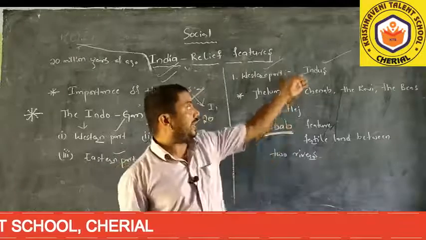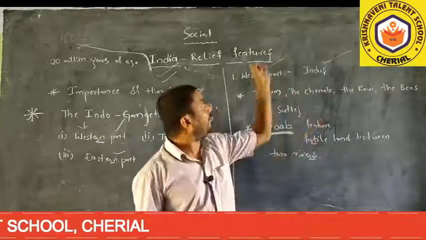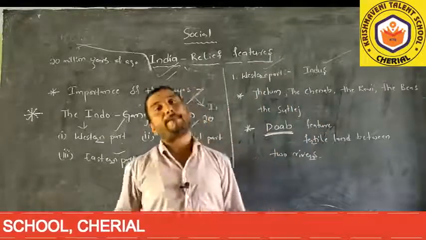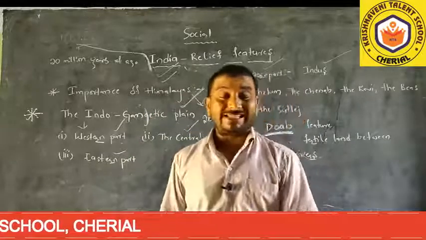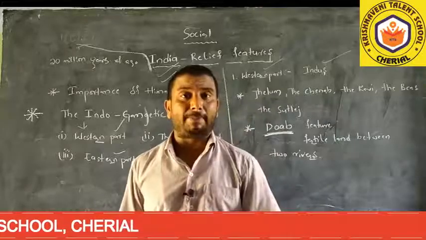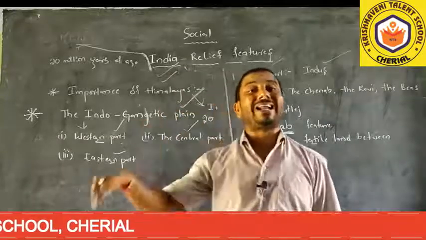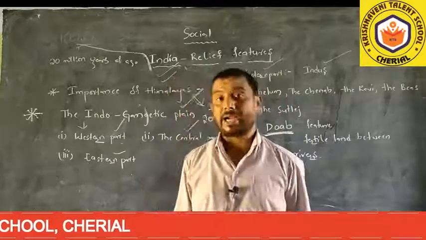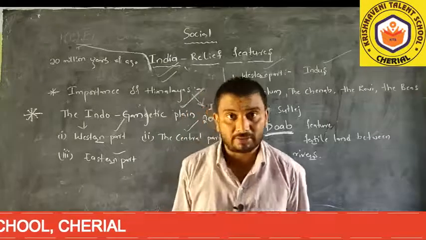The Indus and its tributary rivers compose the western part of the Indo-Gangetic Plain. The major portion is located in Pakistan only. Do you understand? The major portion of the western Indo-Gangetic Plain is in Pakistan, the minor portion in India, in Haryana and Punjab, two states of India.